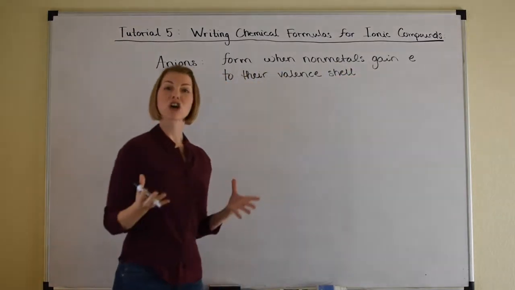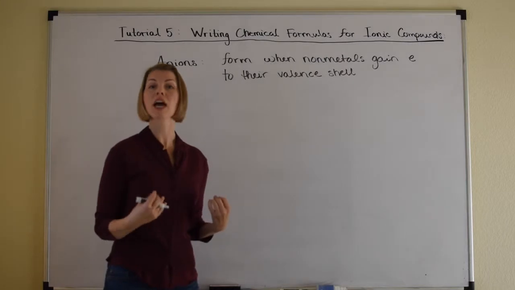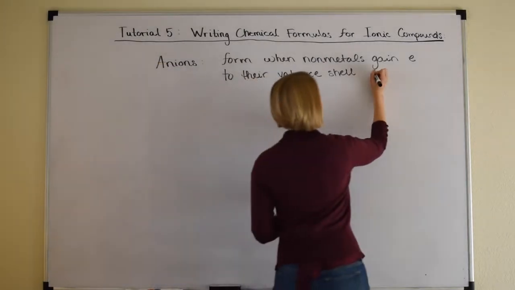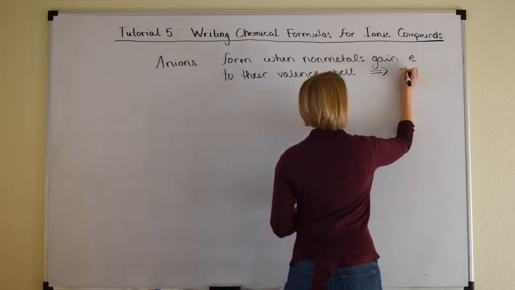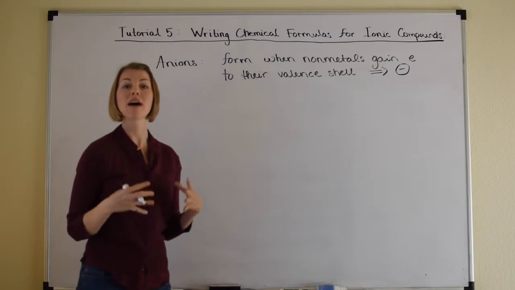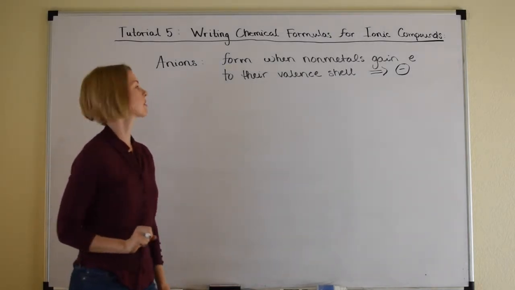And because electrons have a negative charge, you're gaining more negatively charged particles. Anions therefore have an overall negative charge. So I'm going to just do a little arrow, negative charge. I'll circle it just to make it stand out. So anions will have a negative charge, more electrons than positively charged protons.